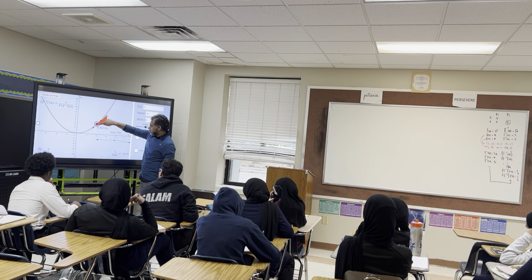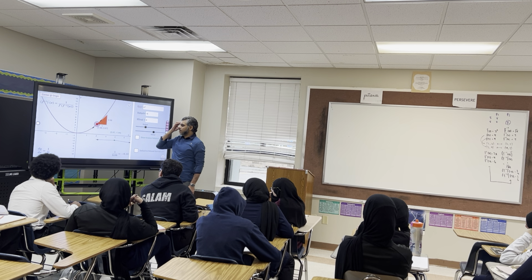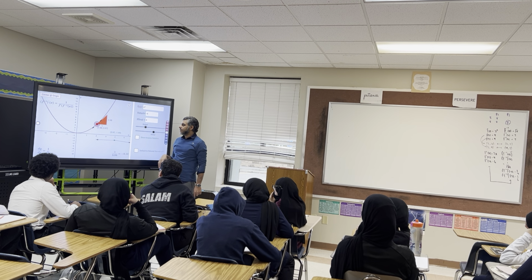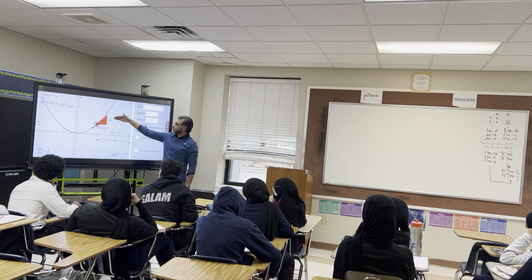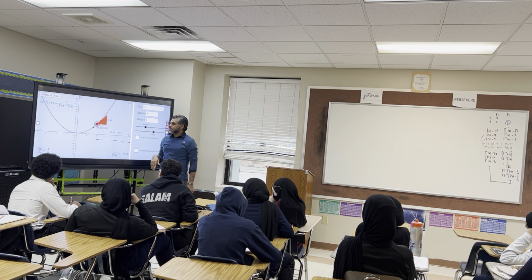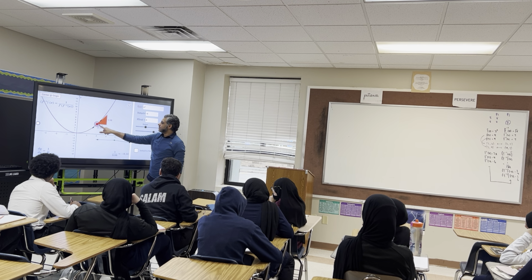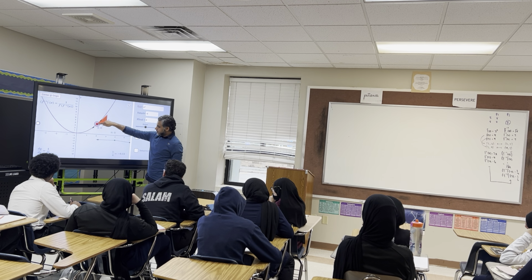I'll do my best. It's hard to maneuver with this. What does it tell you that the slope is right over there? The slope is rise over run, right, guys? It's about 4. Sorry, I'm trying to move it to exactly 2, but it doesn't want to listen. Oh, there you go.